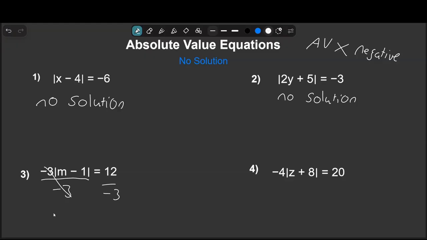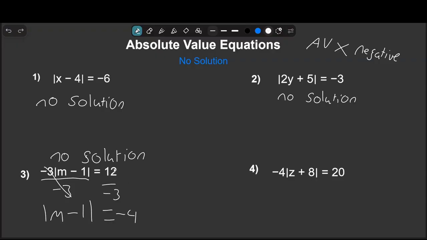These cancel each other out, so we are just left with the absolute value of m minus 1 equals 12 divided by minus 3, which equals minus 4. And now we do have a negative. So this means, again, we have no solution.